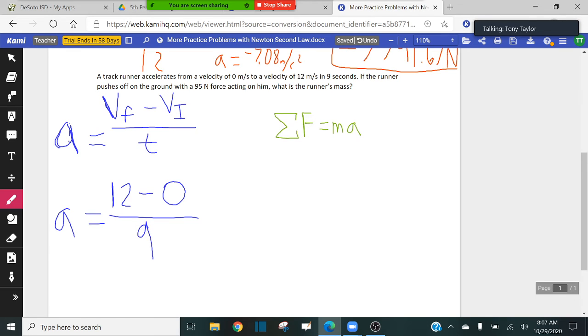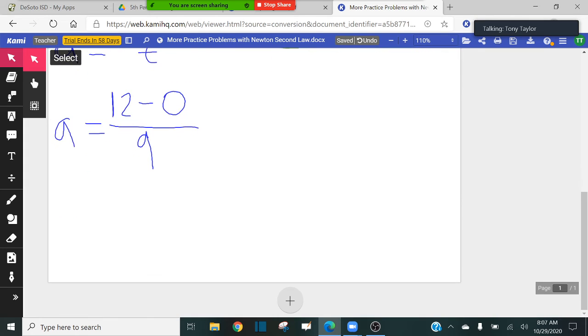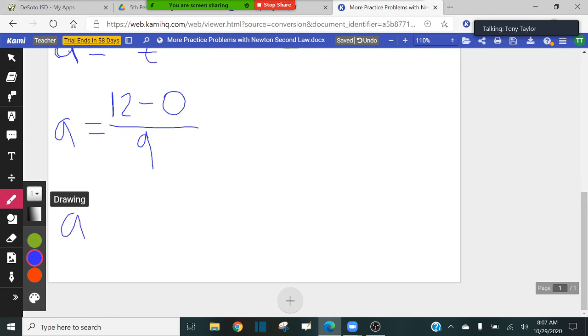So guys, if you put 12 divided by 9 in your calculator, you're going to get 1.33 meters per second squared for your acceleration. So acceleration is equal to 1.33 meters per second squared.